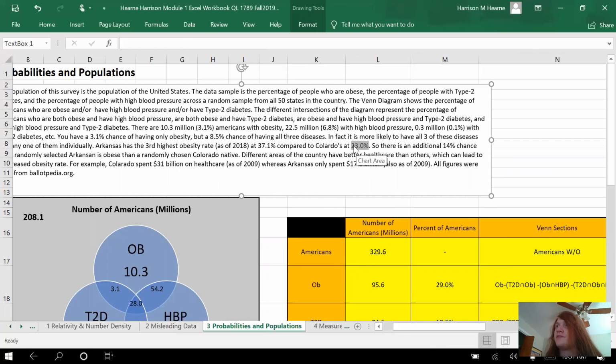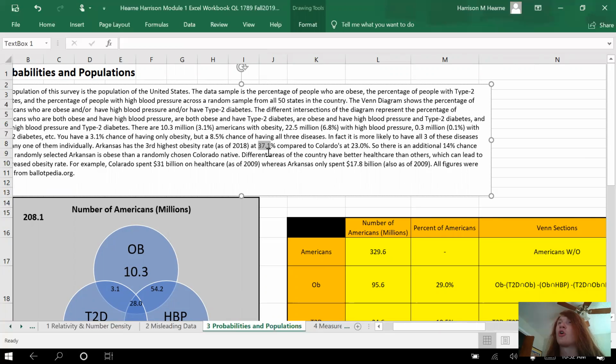That means that if you took a random person off the street of Colorado, they would have a 23% chance of having obesity. But that's nowhere near as high as Arkansas's, which actually has the third highest obesity rate as of 2018 in the country, which is 37.1%.